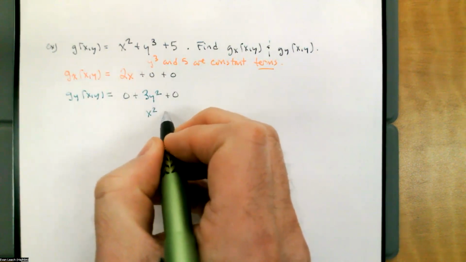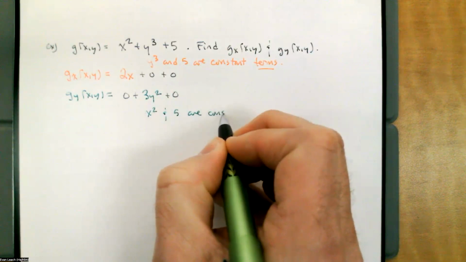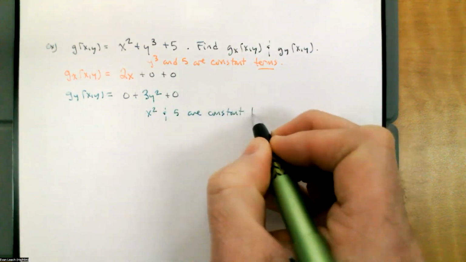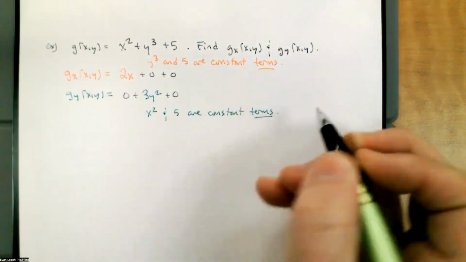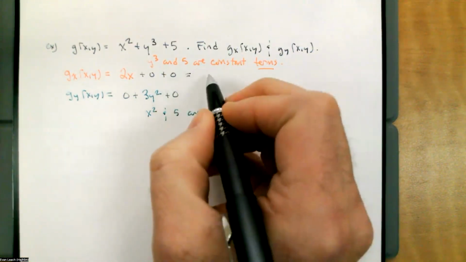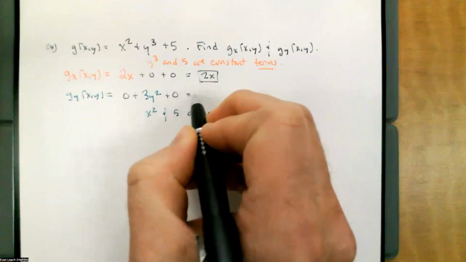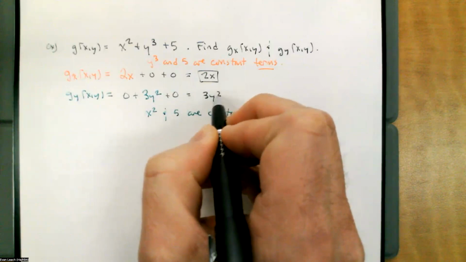Now x squared and 5 are constant terms. Constant factors just get carried along. Constant terms differentiate out to 0. We wouldn't write all the plus zeros. We're just trying to make a point.